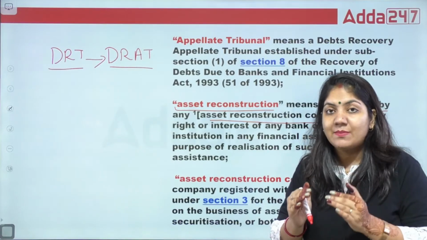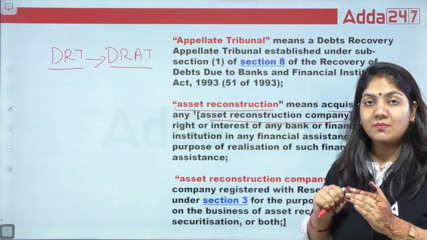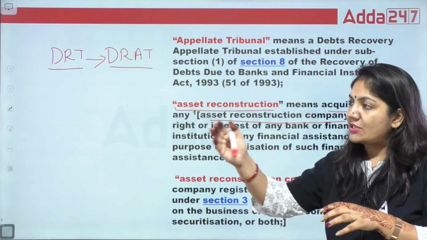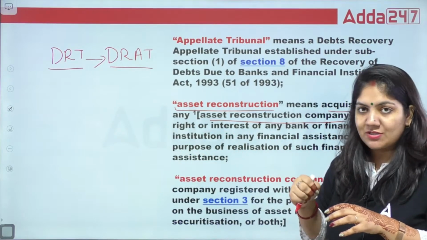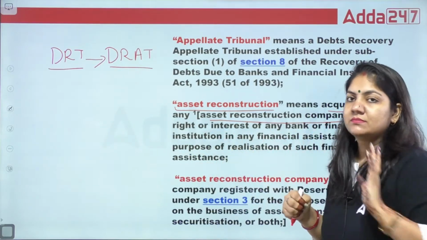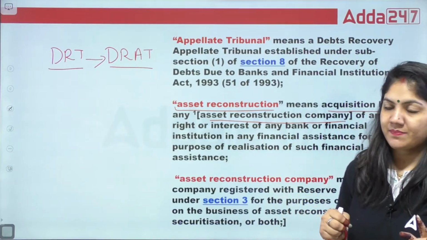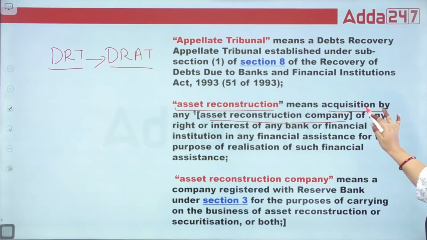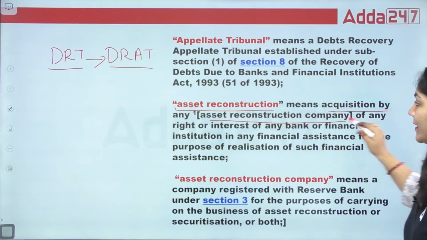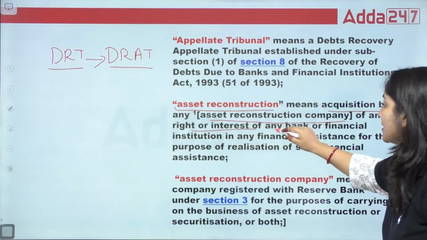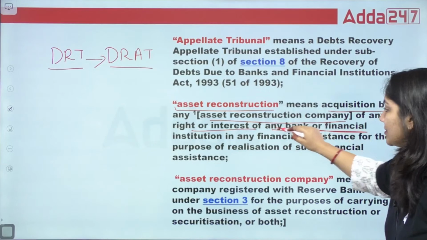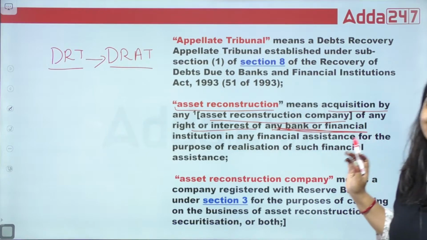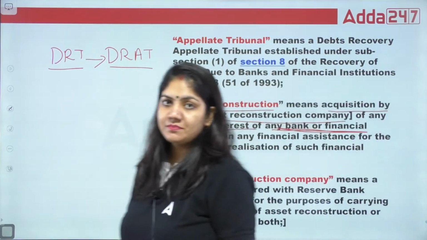The basic aim of this ARC company is to take security receipts from the bank and financial institution and give money. That is the work of an ARC company. So, acquisition by any ARC company of any right and interest of any bank and financial institution is called asset reconstruction.